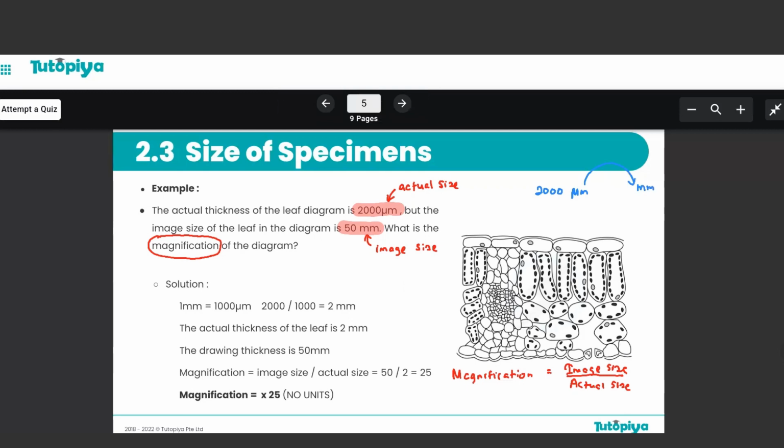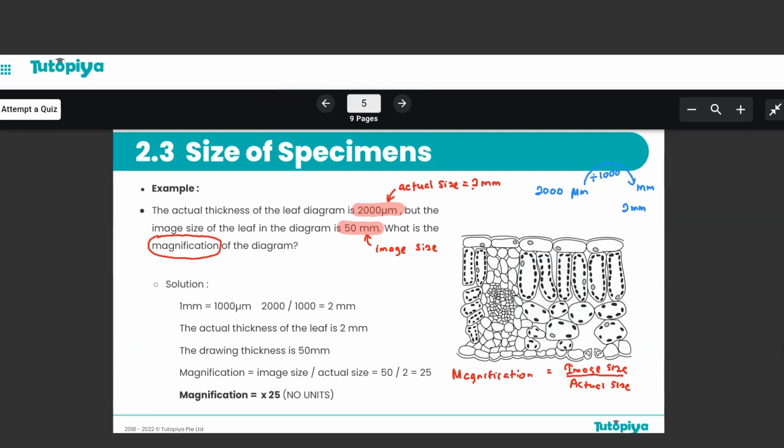To convert micrometers into millimeters, all you need to do is divide by 1000. So 2000 divided by 1000 is equal to 2 millimeters. So the actual size of the image is 2 millimeters.